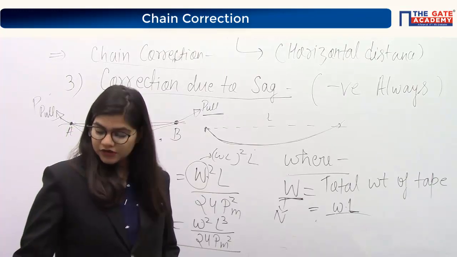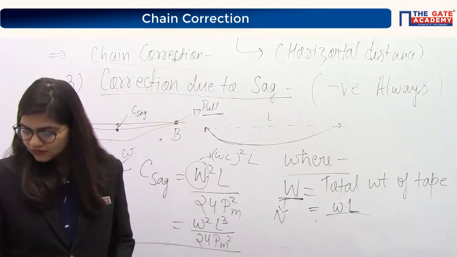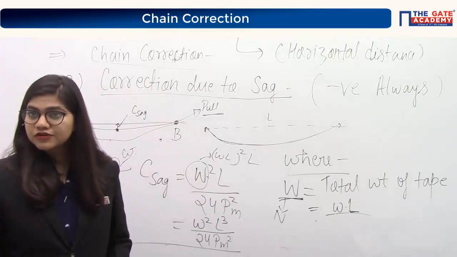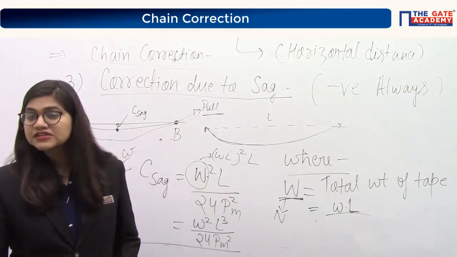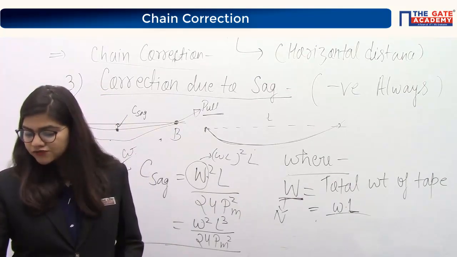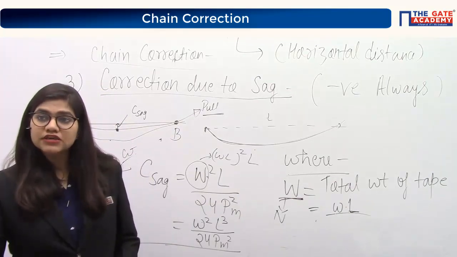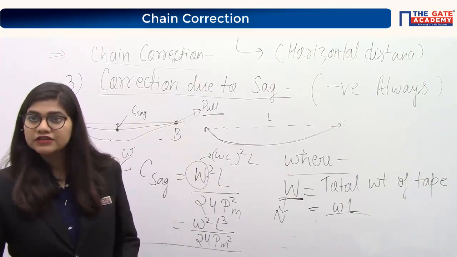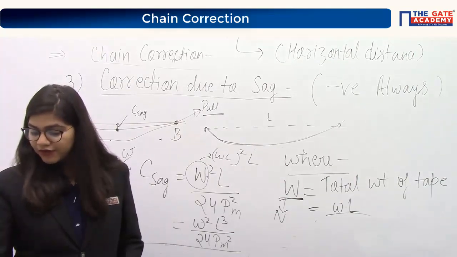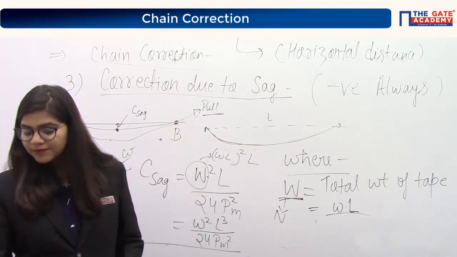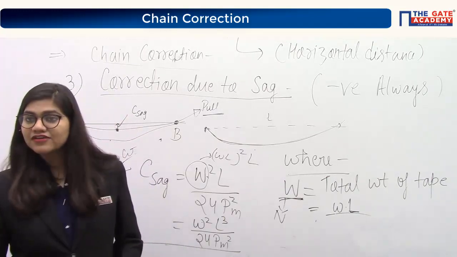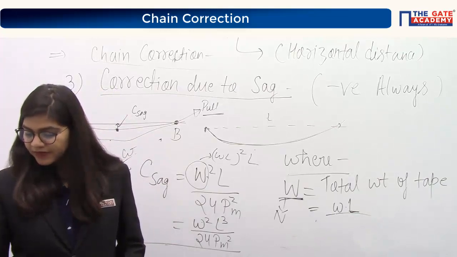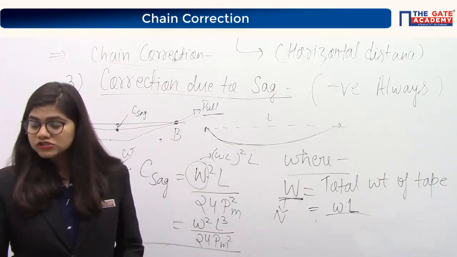I'll repeat the question. A baseline measured with a steel tape was found to be 1050 meter. Find the correct length of the baseline when the pull at standardization is 20 kg and applied pull was 28 kg.